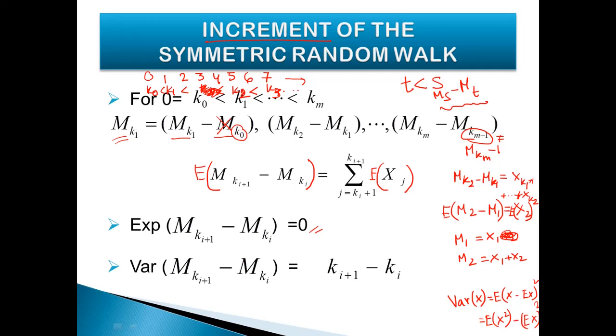If you consider the expectation of x square, you already know this equals k. Maybe you forget all these things, it is easier if you consider m_s minus m_t.